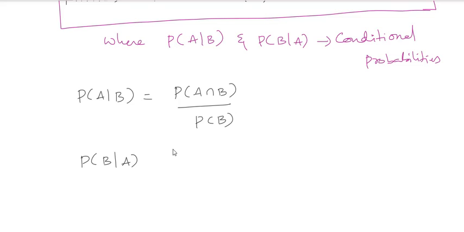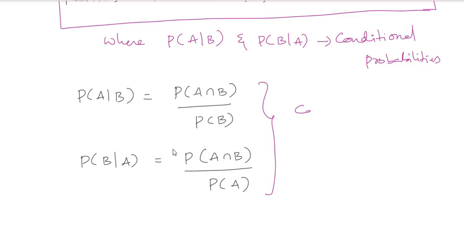Probability of B intersection A and A intersection B are both the same. So probability of A intersection B divided by probability of A. These two I call the conditional probabilities, as I just told you.